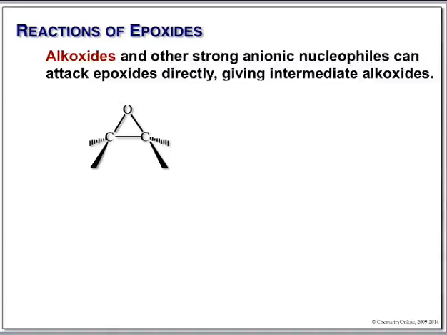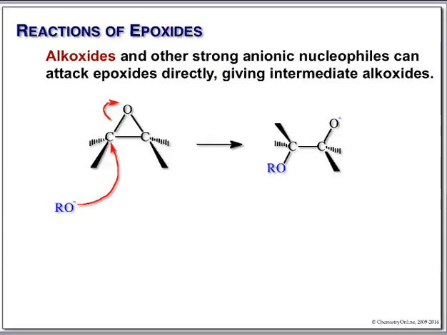Because this is a strained ring, we can knock this ring open if we have a good, healthy nucleophile. The reaction looks like this. Alkoxide attacks, ring opens. We start with an alkoxide and we wind up with an alkoxide. So energetically, we're breaking even here.